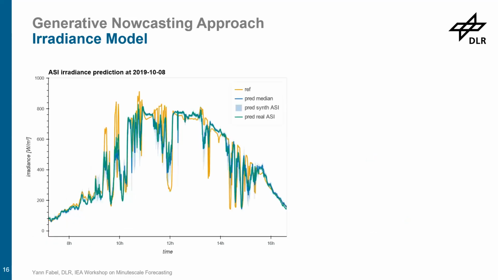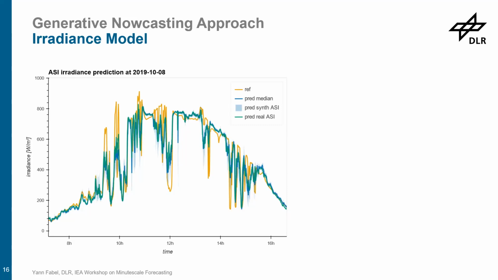And just to give you a preview of how it looks. Here we can see in yellow the reference GHI curve, and in green the curve for the predicted irradiance from real images. And in blue and shaded blue, we see the median from the samples using the synthetic images and also the distribution.